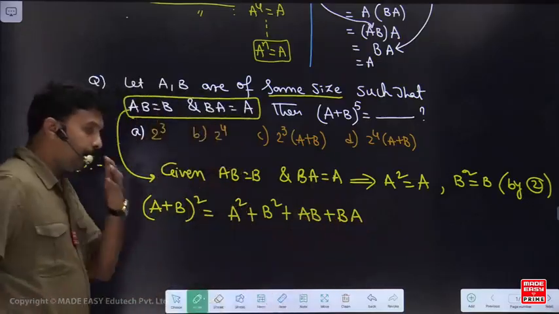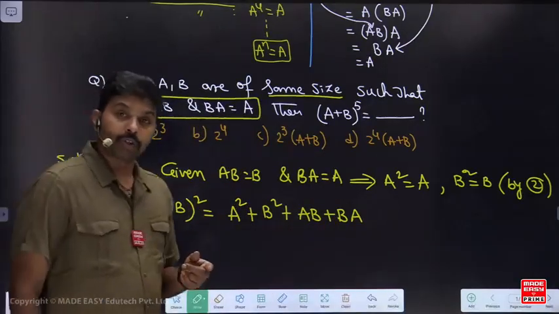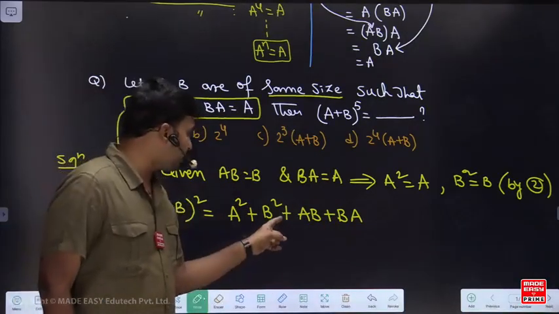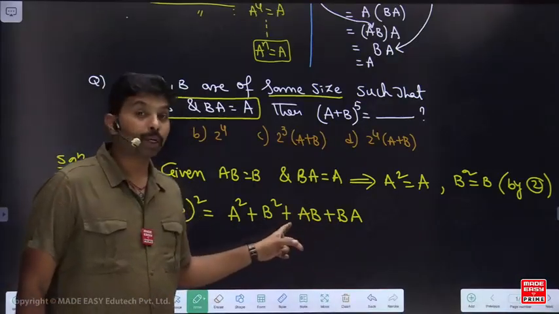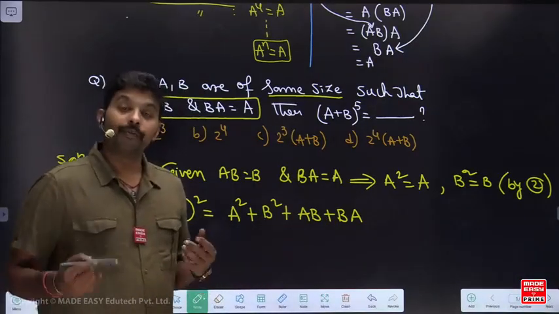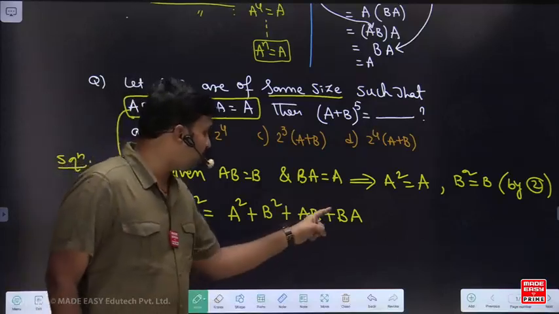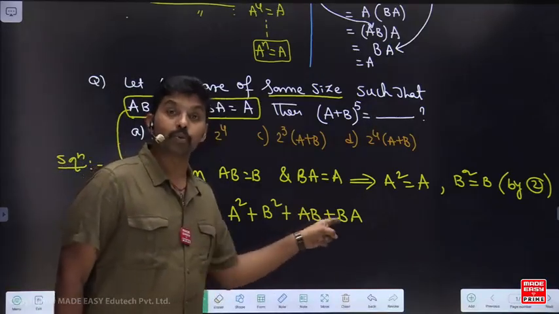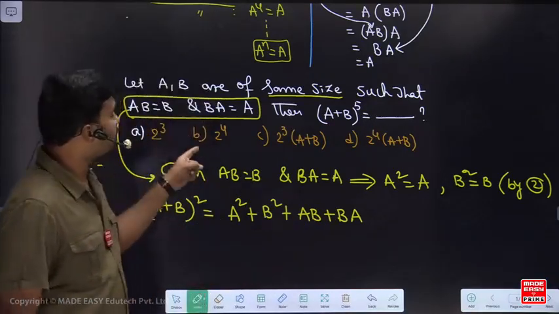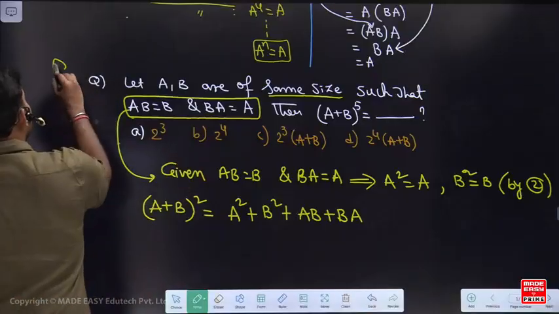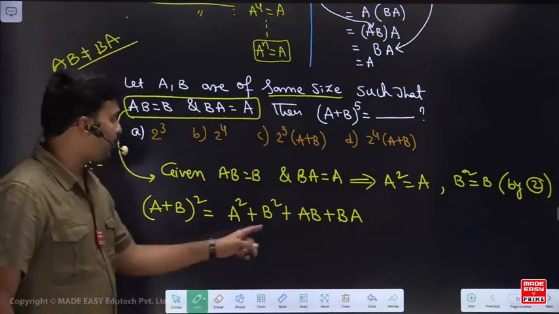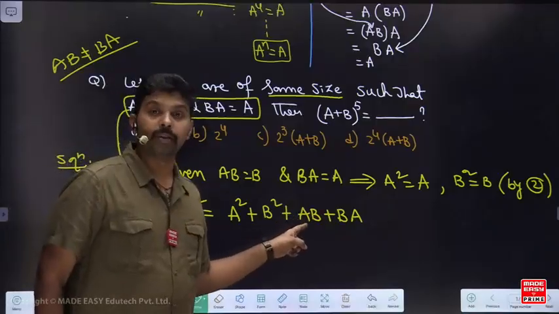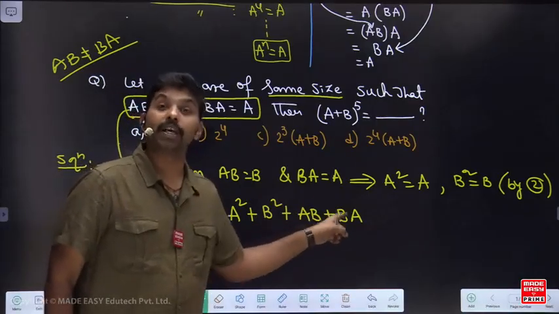Some people will say A square plus B square plus 2AB, but that is not correct. It becomes 2AB only when AB is equal to BA. But in matrix multiplication, AB is not equal to BA, so it cannot be written as 2AB. It can be written as AB plus BA.